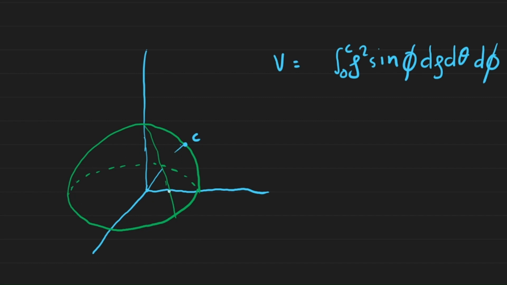So theta is actually 2 pi. So it's going from 0 to 2 pi. And then lastly, we think of phi. Remember what phi is? It's actually the angle between the z-axis and the plane figure. So you can see that phi is actually going from 0 to pi over 2.